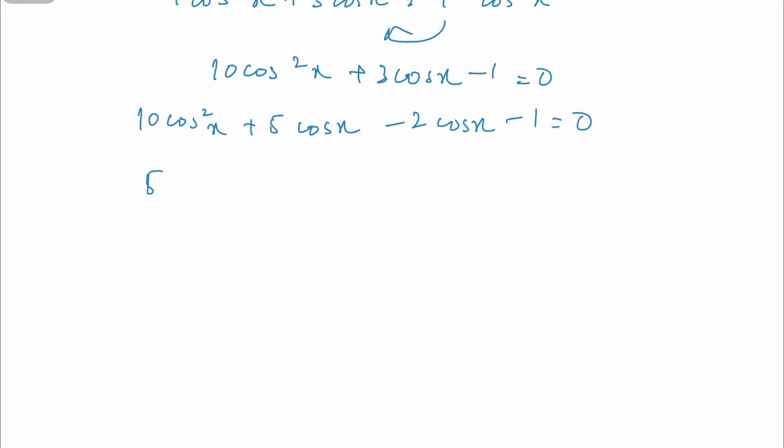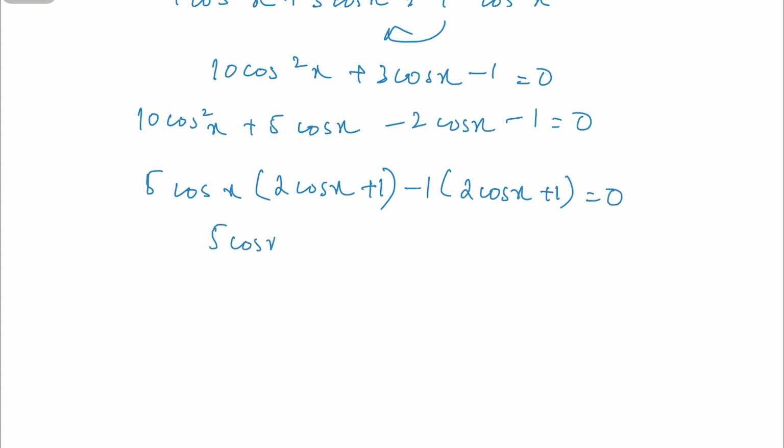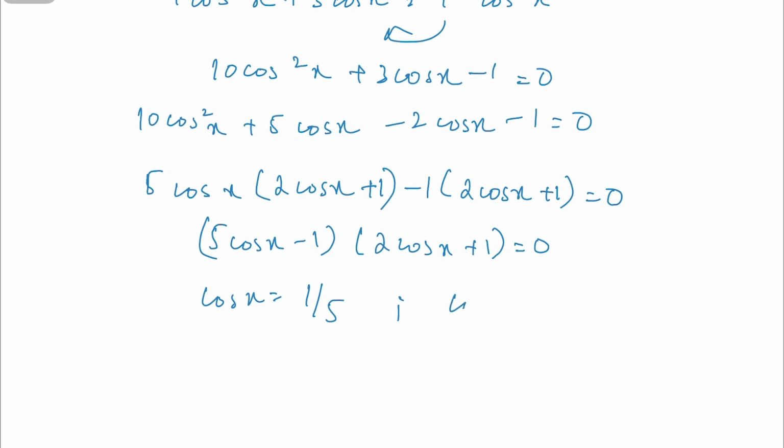So this would be 5 cos x, this would be 2 cos x plus 1, and this would be minus 1, 2 cos x plus 1 equals 0. So we'll have a final answer as 5 cos x minus 1 and 2 cos x plus 1. So our cos x would be 1 over 5 and cos x as negative 1 over 2.